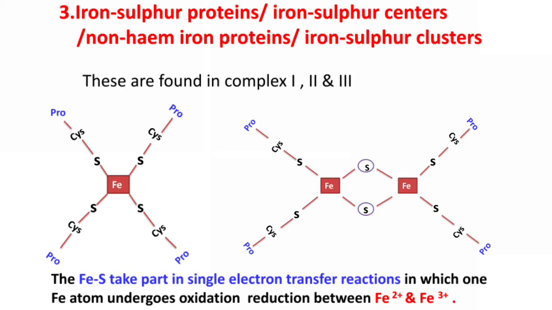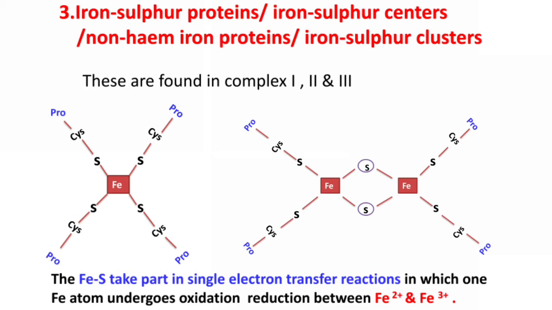iron-sulphur clusters. So these are found in complexes 1, 2 and 3. Here iron is not present in heme, but it is associated with sulfur atoms of cysteine residues in the proteins or with the inorganic sulfur atoms or both.